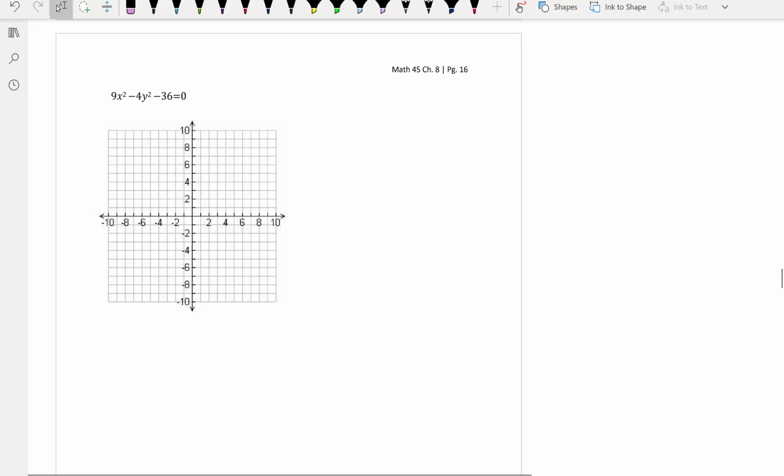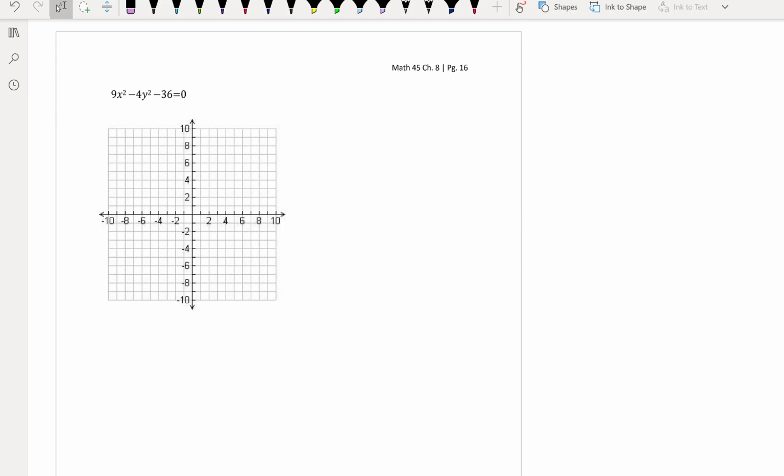Now, let's look into this next one. So here what I have is an equation that's not in standard form. What we always want is for it to equal 1. We always want our equation to equal 1.